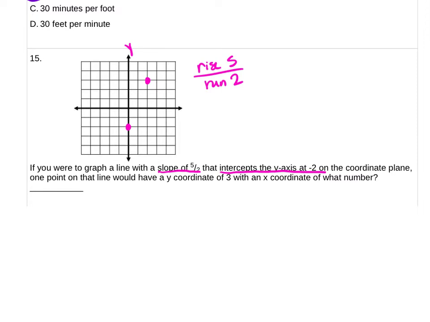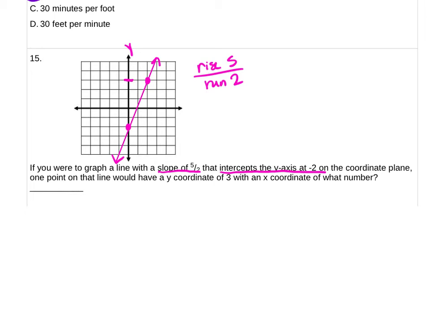And I can draw a line through those points as best as I can. It's not going to be perfect, but it does give an indicator of what it's describing. It says one point on that line would have a y-coordinate of 3 and an x-coordinate of what number?